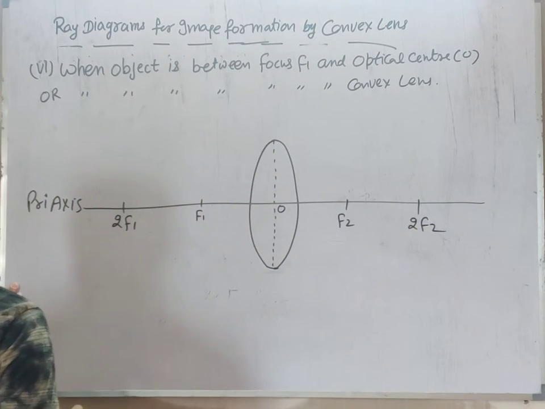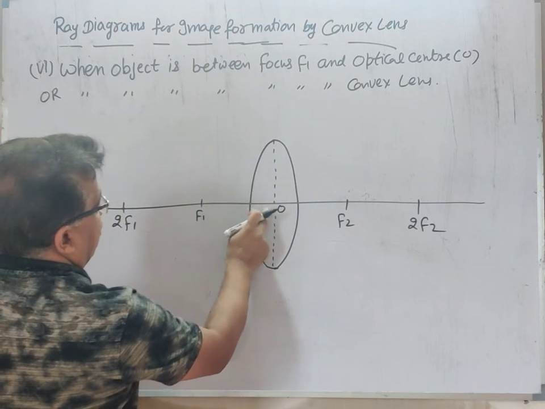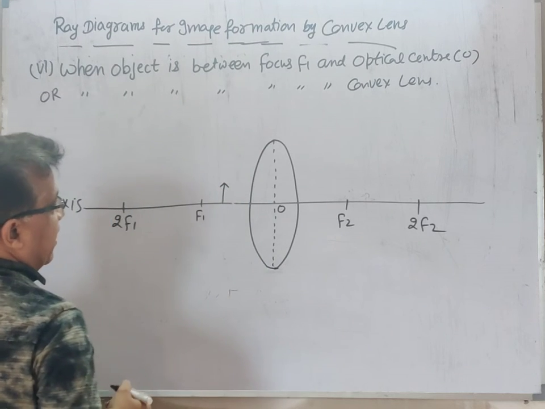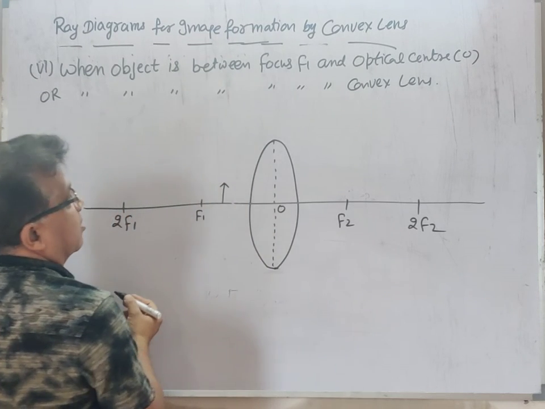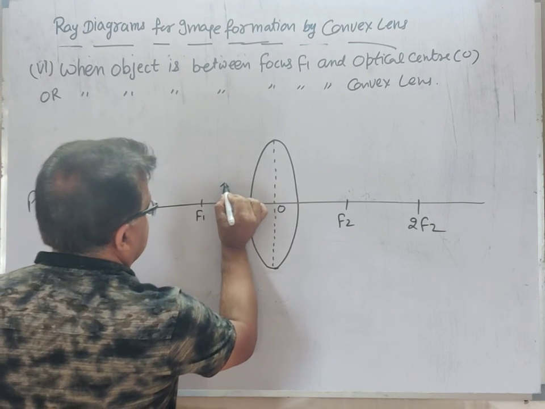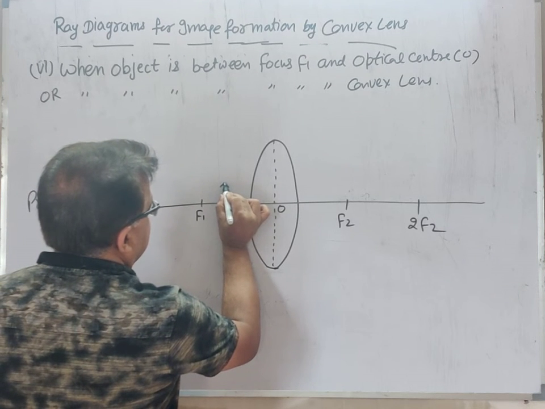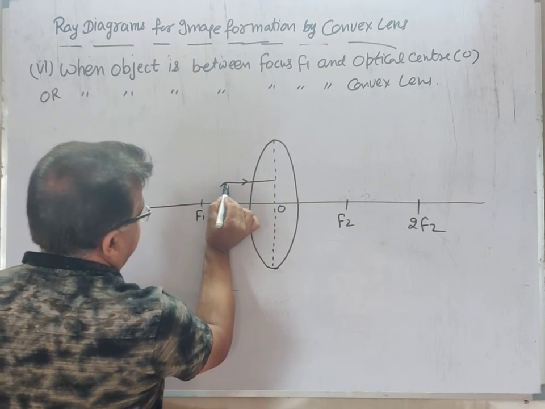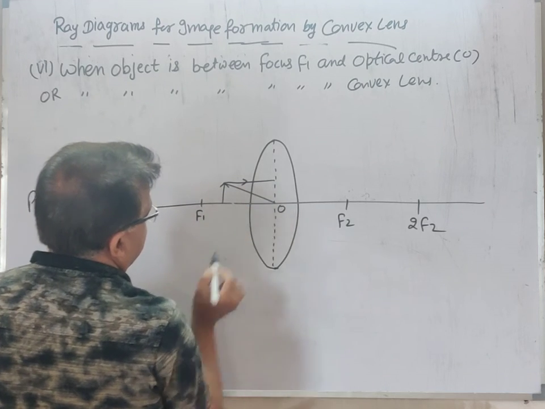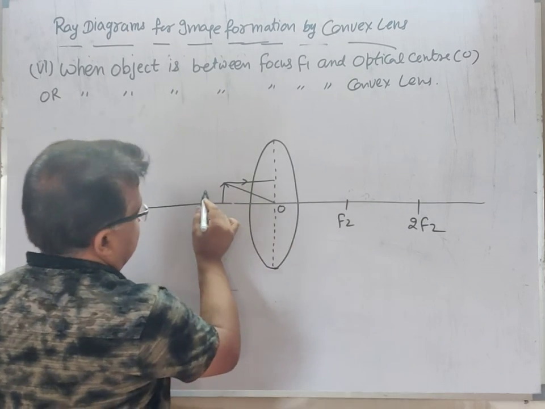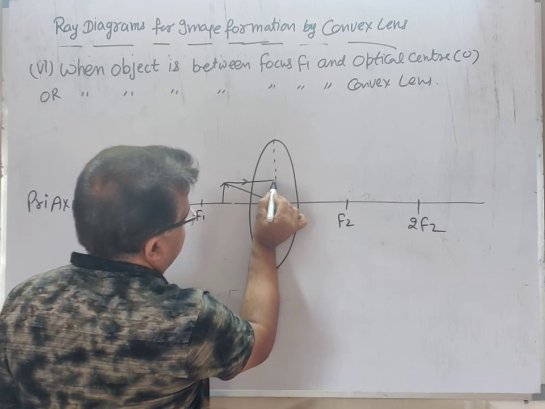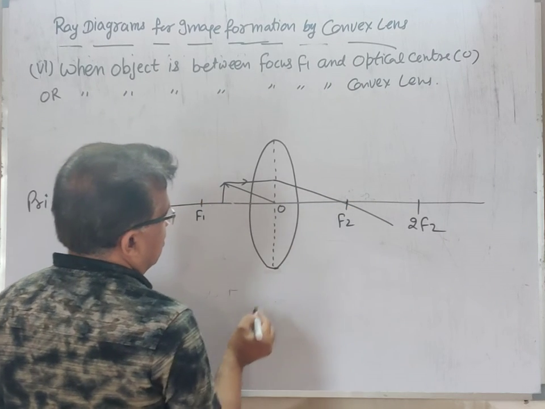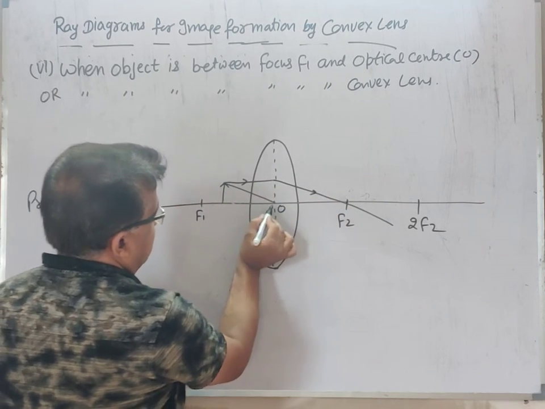Now when the object is between f1 and the optical center, that is, the object is placed here, then as in all other cases of refraction by a convex lens, one incident ray will pass straight through the optical center and the other, which is parallel to the principal axis, will pass through this point and go straight.